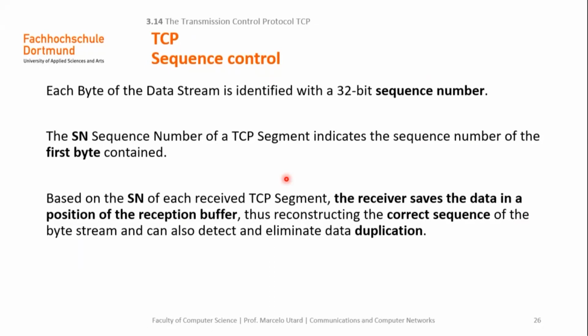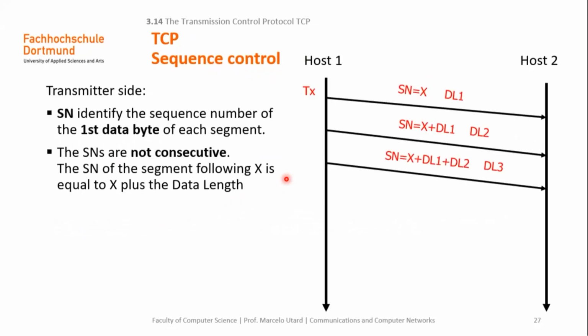Remember, this sequence number is very important to perform the sequence control, in order to avoid, for instance, duplication of data and to avoid the data being received in a different order. Then on the transmitter side, in this case host 1 transmitting to the receiver side in host 2, the sequence number identifies the first data byte.